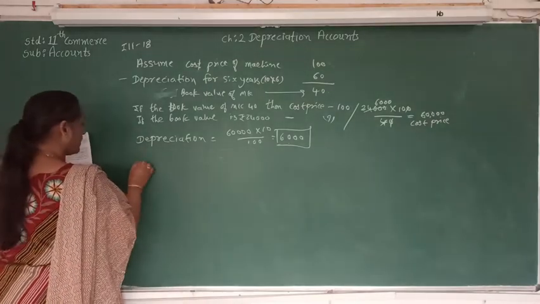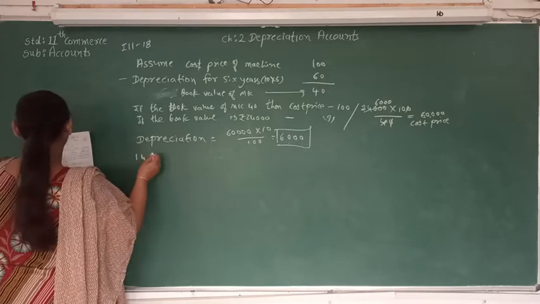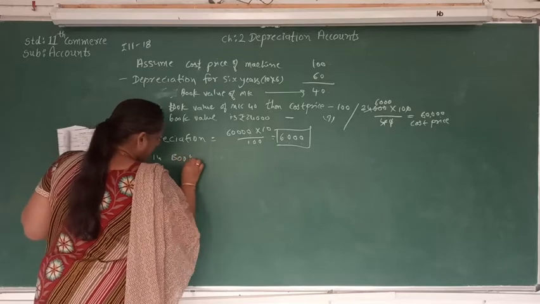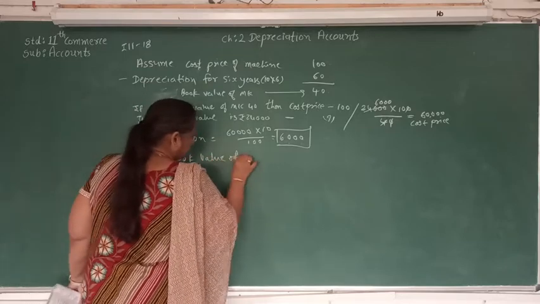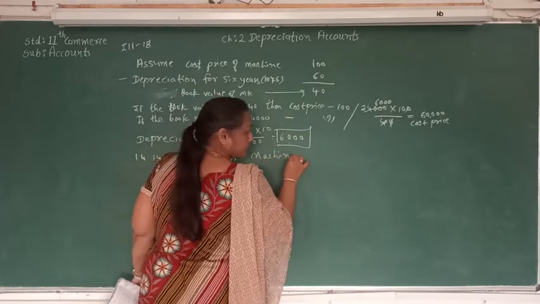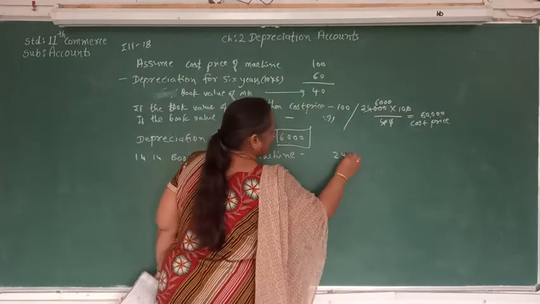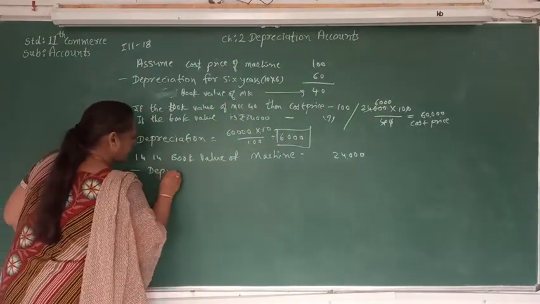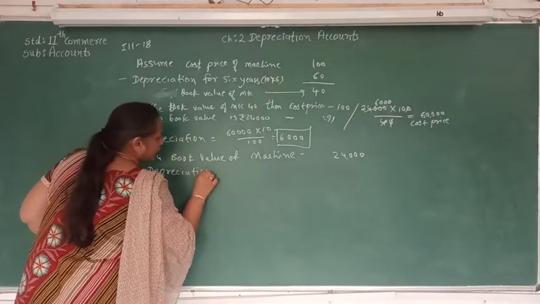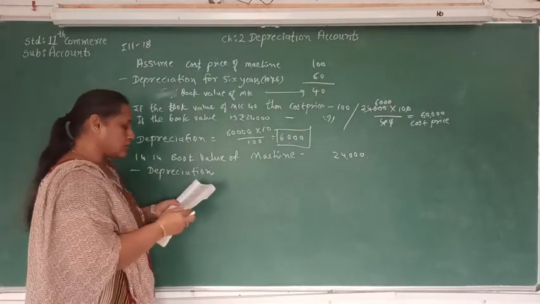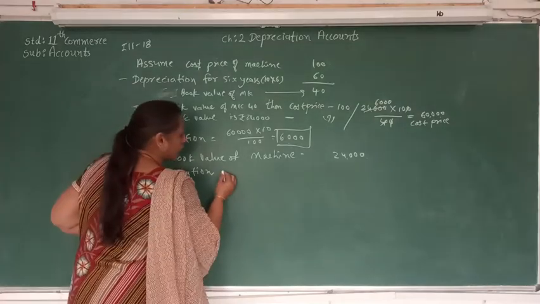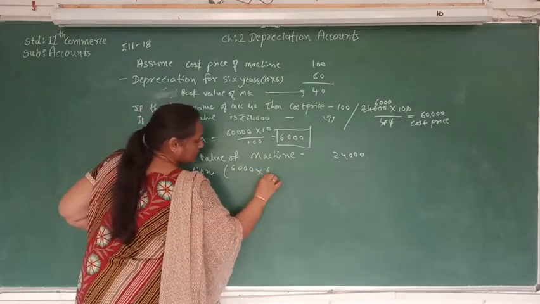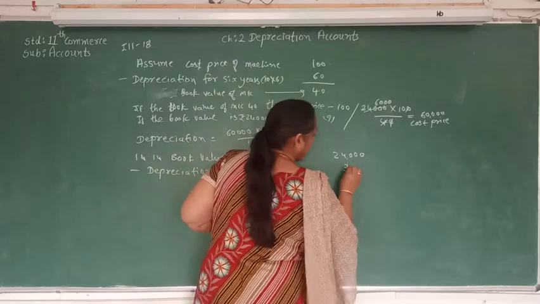Here on 1/4/14 the book value or balance of the machine is 24,000. And now let's calculate the depreciation. The machine will be sold on 30/9/14, so for 6 months the depreciation will be, annual depreciation being 6,000, 3,000.